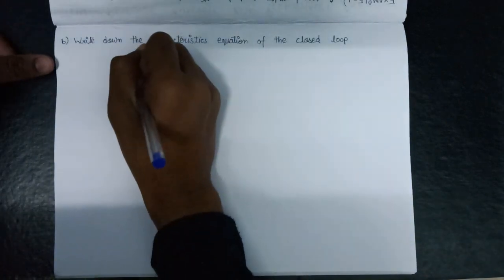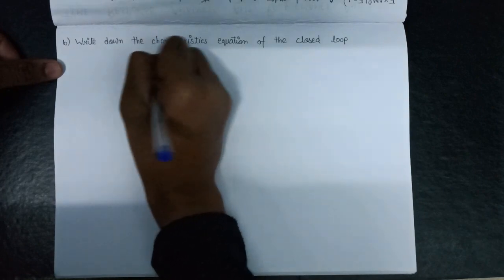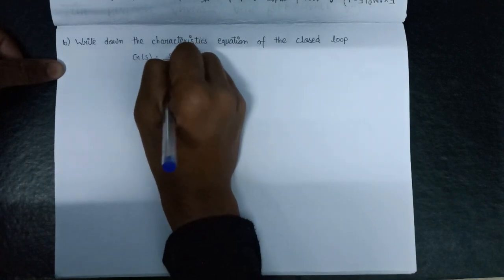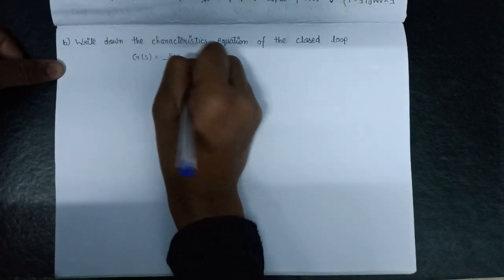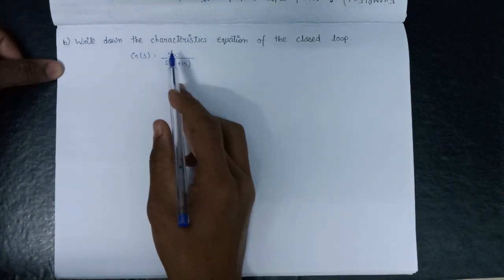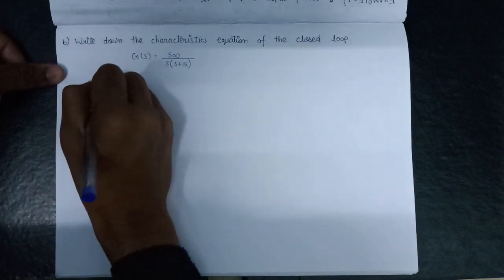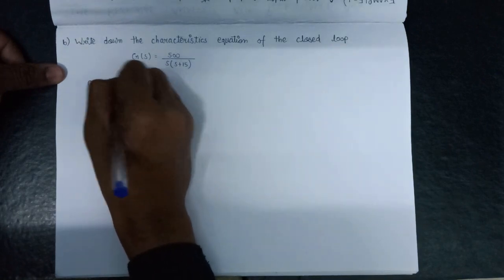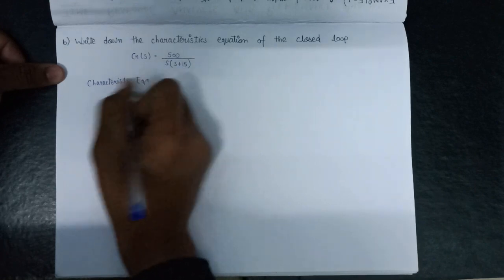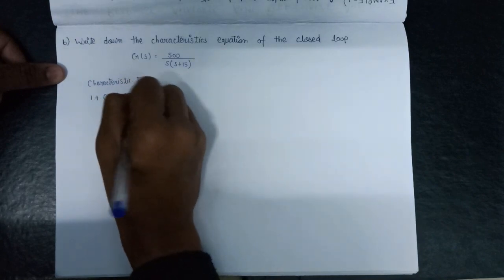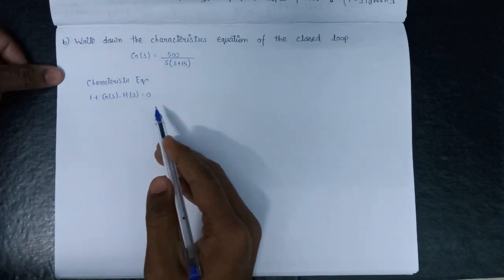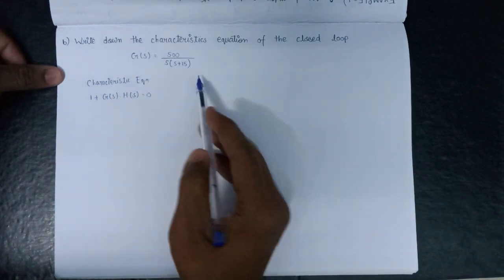Since the open loop transfer function G of s is given as 500 over s into s plus 15, we know that the characteristic equation can be determined as 1 plus G of s into H of s equals 0.